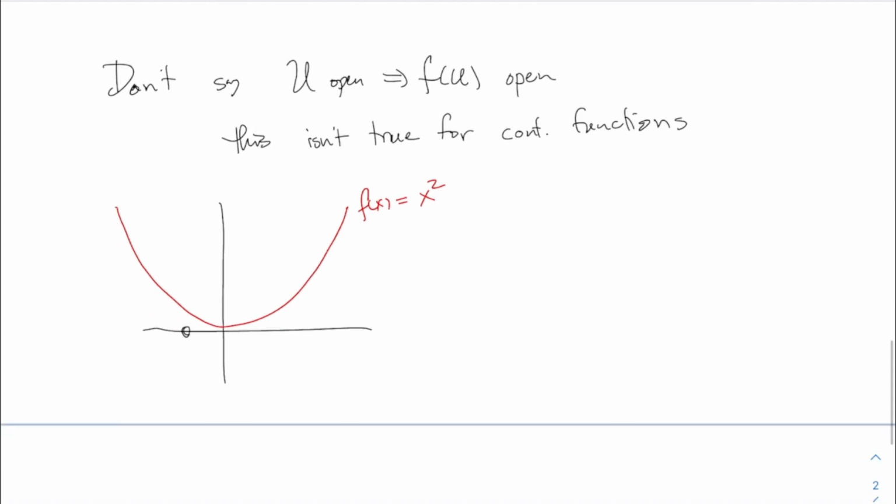If I take, say, an open interval down here, from -1 to 1, what is f of U then? You can actually write it also as an interval. I want to know what are all the y values you can get by doing x squared here.